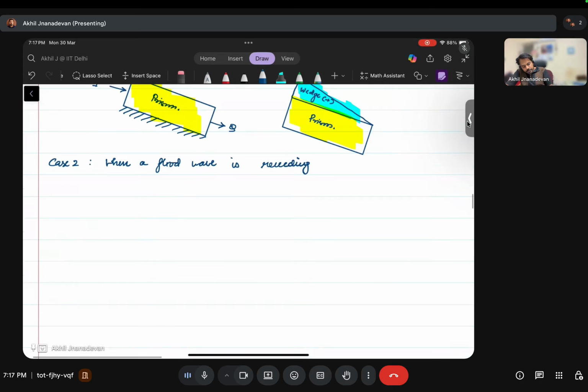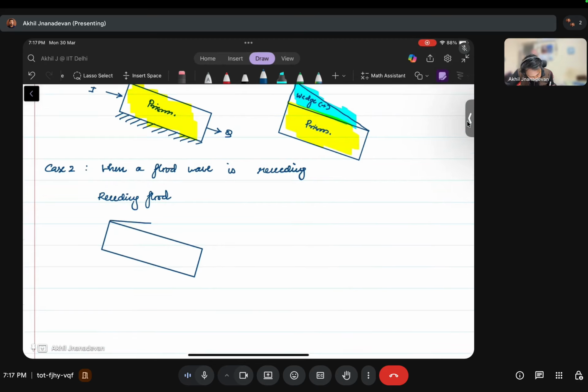So before receding, here it would be like we have our prism storage with us, and the wedge will be called a negative wedge.